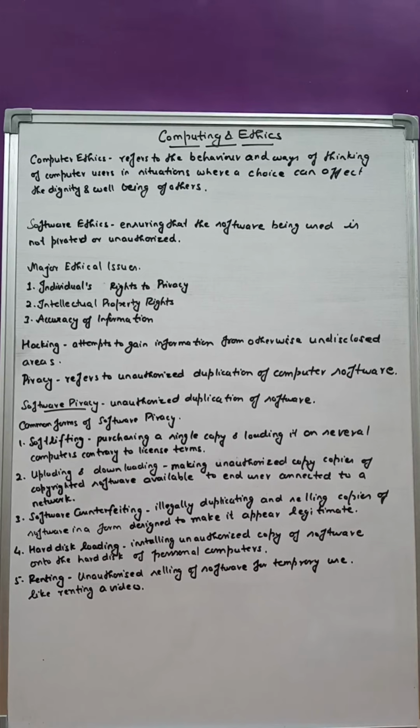Whatever information is provided should be right. If you are writing that you have created the software, you should be providing the correct information. That comes under the accuracy of information. So the three ethical issues were these: the individual's right to privacy, intellectual property rights, and the accuracy of information.